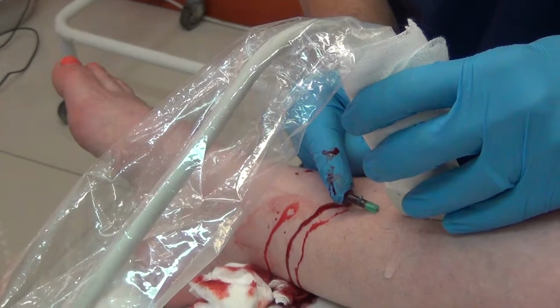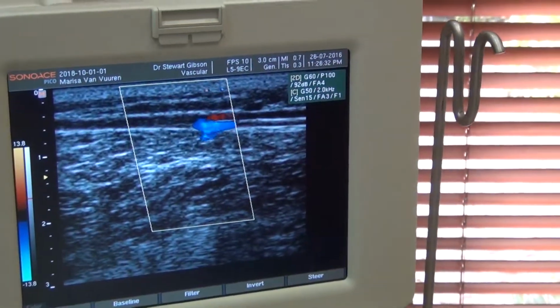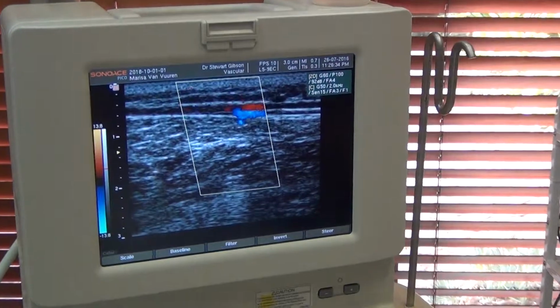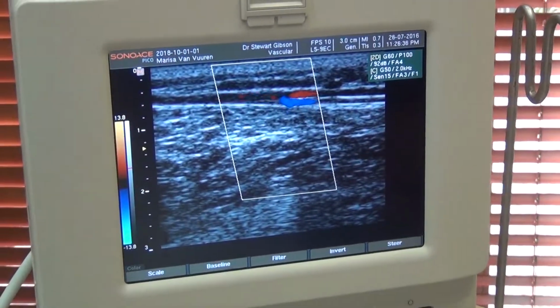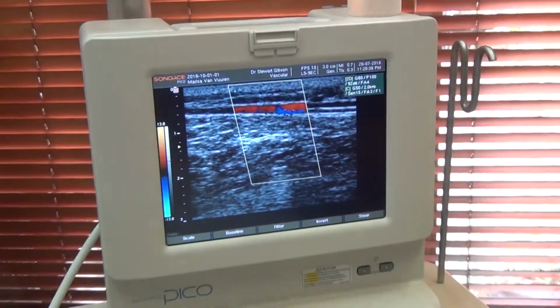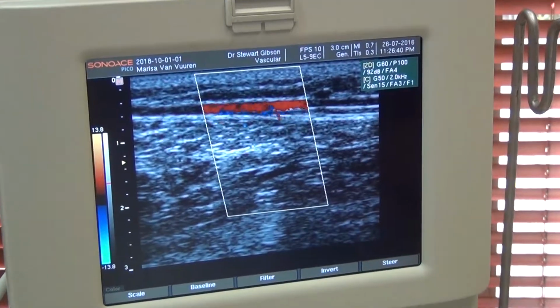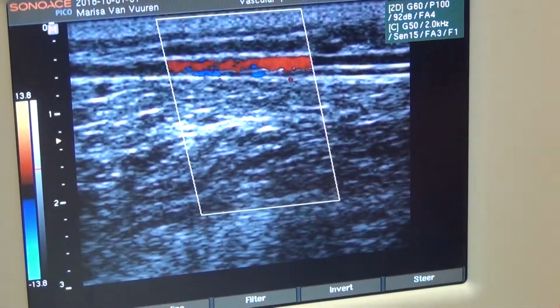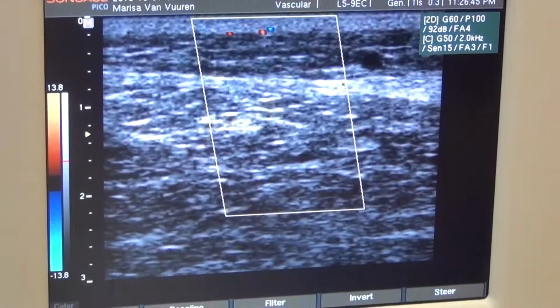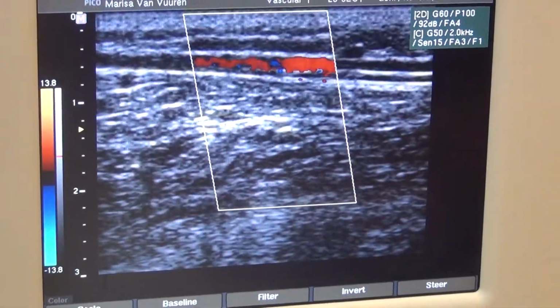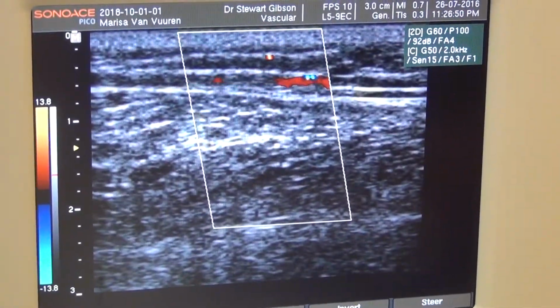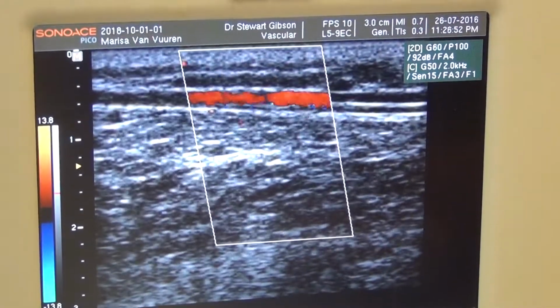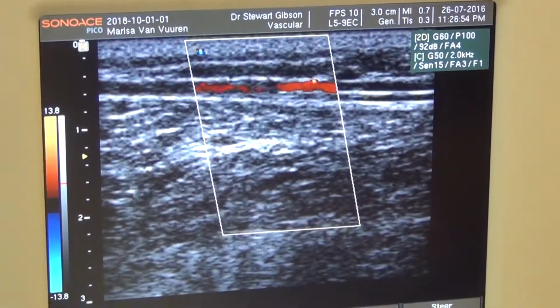Let's go back to the screen. Looking at the sonar picture, you can see the cannula with a high venous flow pulsatile in the great saphenous vein. I've now occluded the intracath so that there can be no backflow.